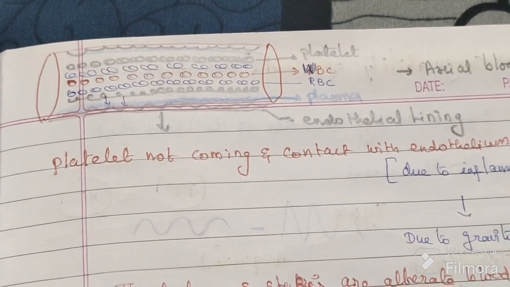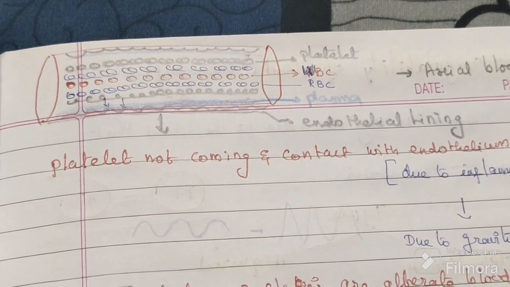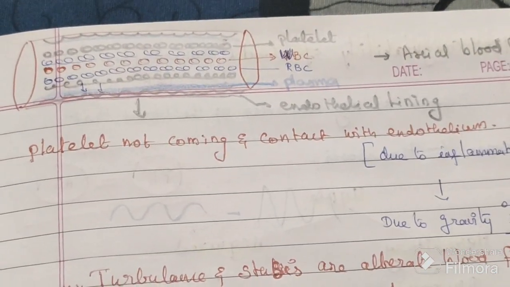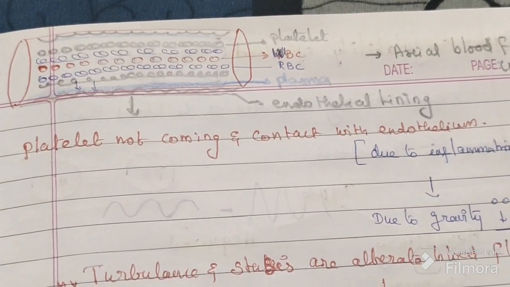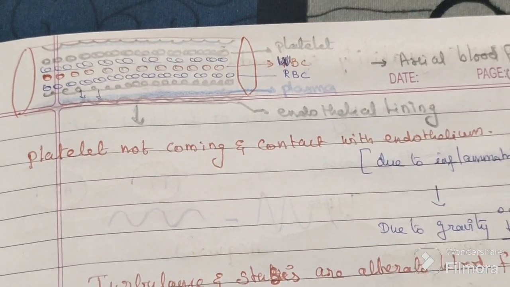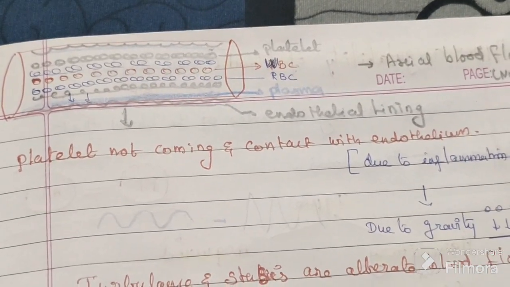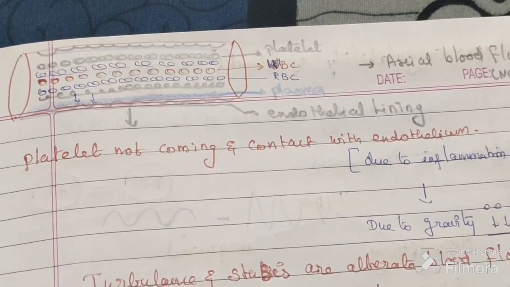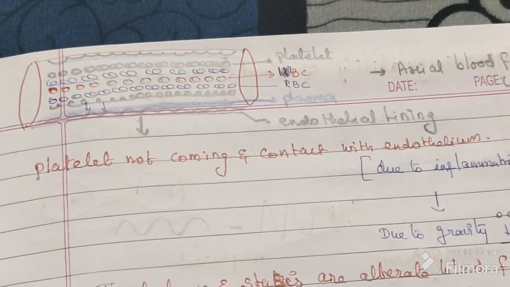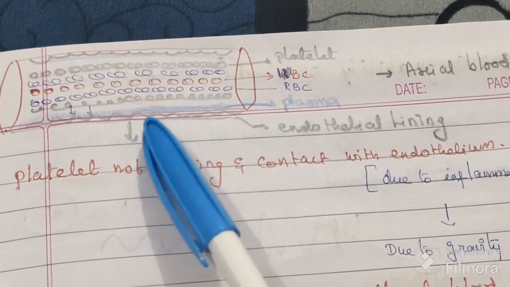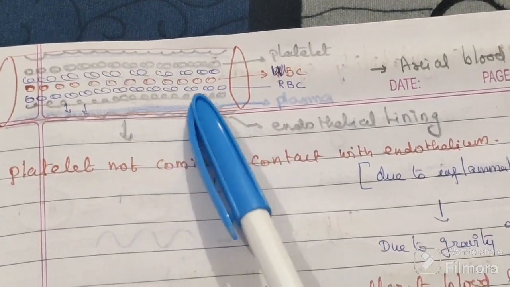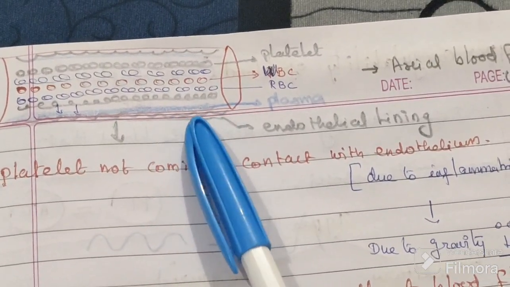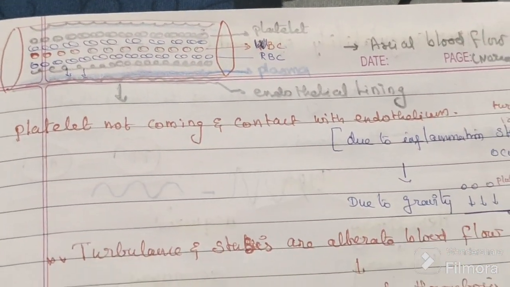So WBC is the heaviest according to Bernoulli's theorem. WBC center, then RBC, then only platelet. The platelets are separated from the endothelium by a rim of plasma. So here plasma is present, here endothelium is present, here platelet is present. So platelets are separated from the endothelium by plasma.